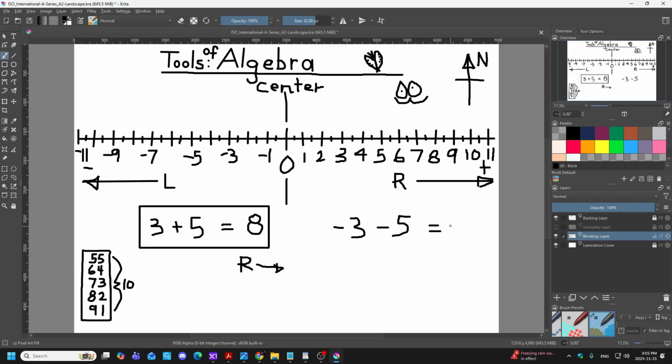Okay, so we're going to have a negative 8. It's increasing in value because both signs are the same. I can start at negative 3, go negative 5 full jumps, right? Negative goes left. 1, 2, 3, 4, 5. And we're at negative 8. Okay, right there.